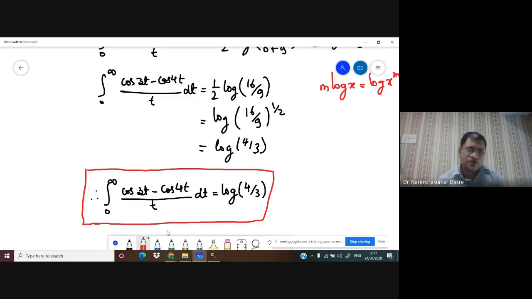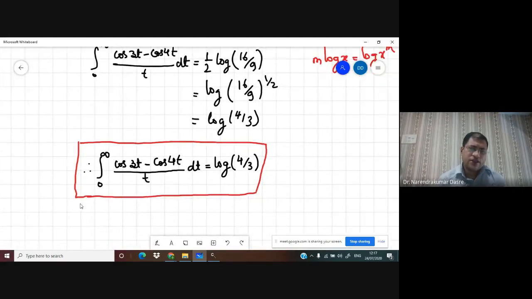Using Laplace transform, it becomes very easy actually. So, do we have any doubt up to this or up to yet in this example? No, sir. Okay. So, good.